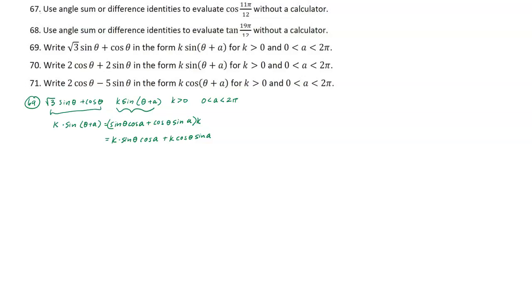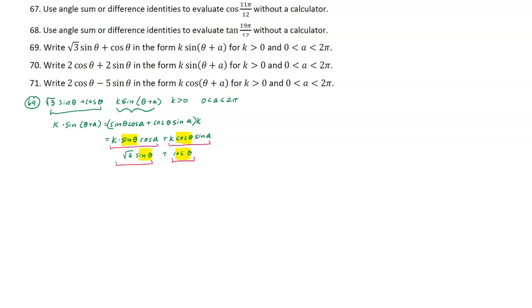Okay, so if you look at the two terms, and I'm going to put it right underneath it, square root of 3 sine of theta plus cosine of theta. You notice that it has some similarities. It has a sine of theta and a sine of theta, and a cosine of theta and cosine of theta, which tells us that this term is going to equal this term, and this term is going to equal that term.